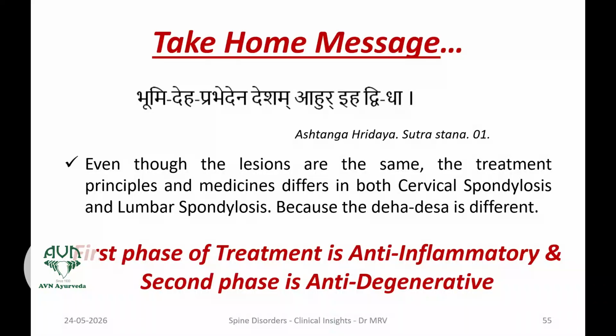But in lumbar spondylosis, the disease is affecting a vata sthana, especially apana sthana. Hence cervical spondylosis is a vata disease occurring in the kaphasthana, so it can be termed a vata kapha disorder.